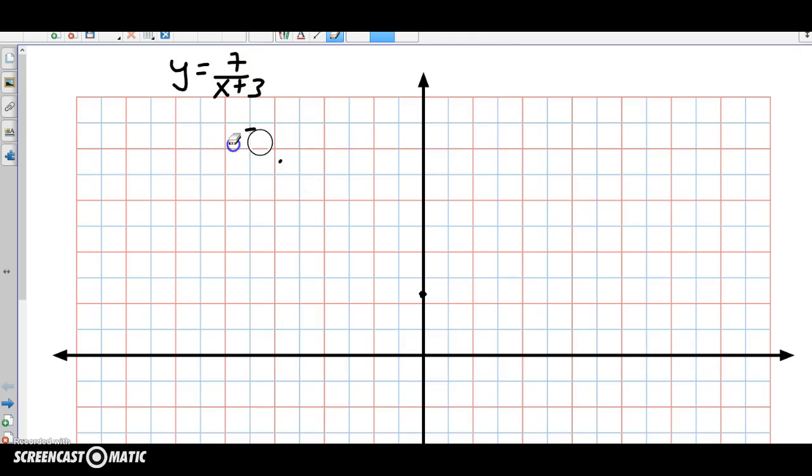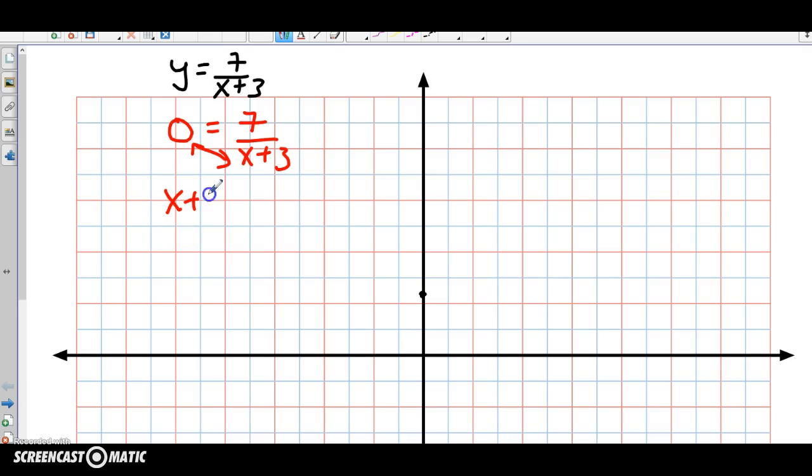An x-intercept takes place when y is equal to 0. So I'm going to set this function equal to 0 and ask, what value of x makes this true? I multiply both sides by x plus 3, and you realize this doesn't work.